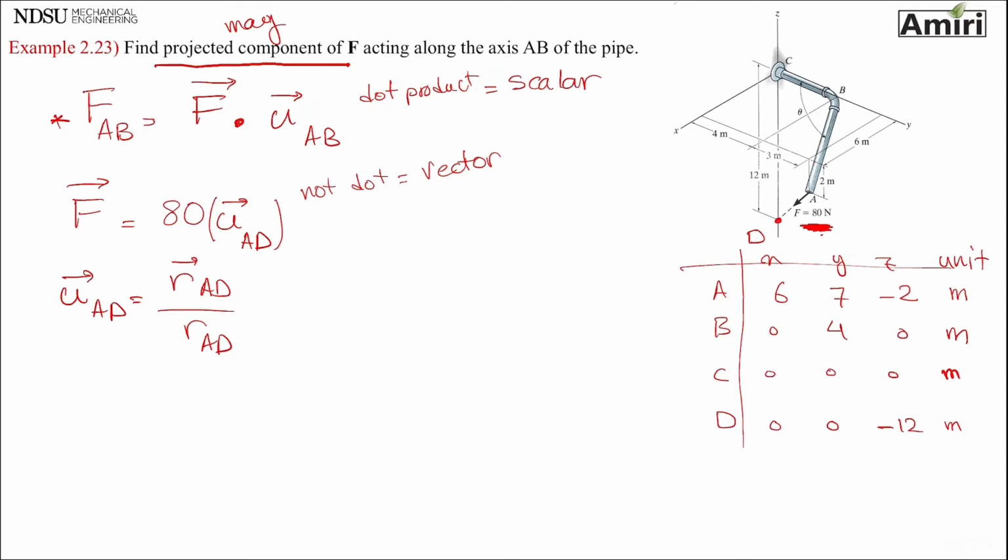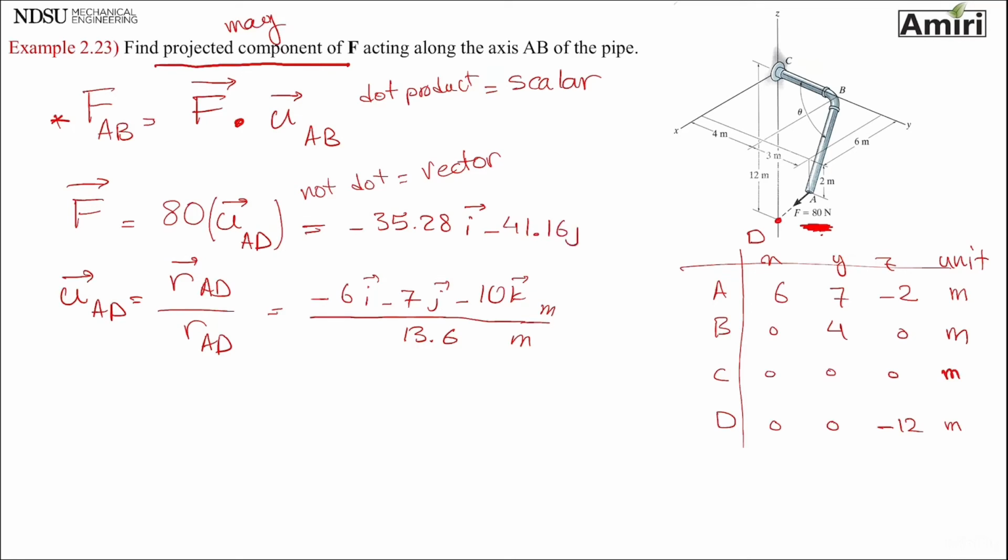Gonna go a little bit quicker here. It is going to be minus 6I minus 7J minus 10K divided by 13.6. Okay. So therefore F, if multiplied everything by 80, is going to be minus 35.28I minus 41.16J minus 58.8K.